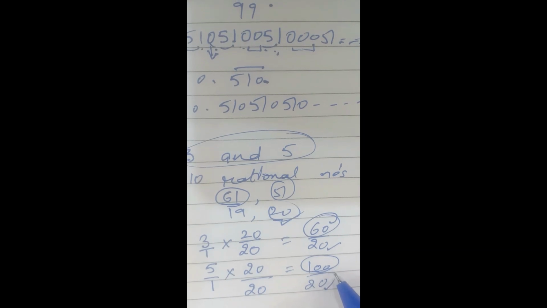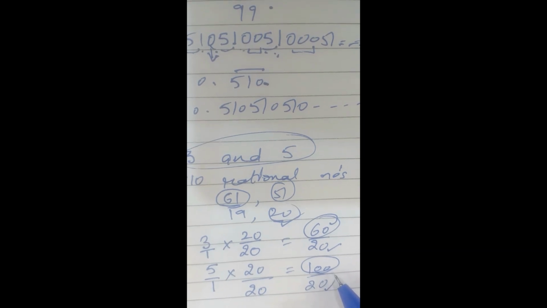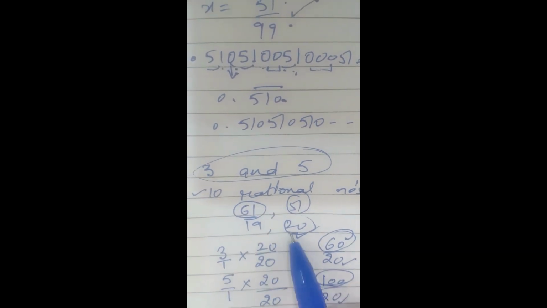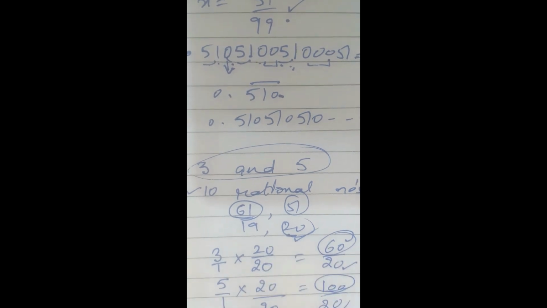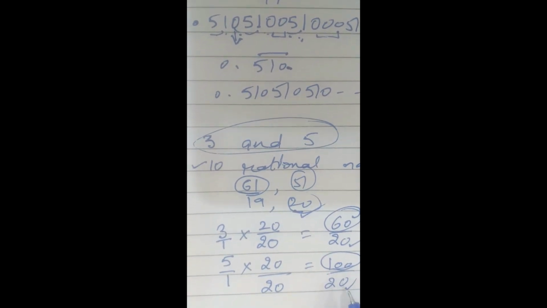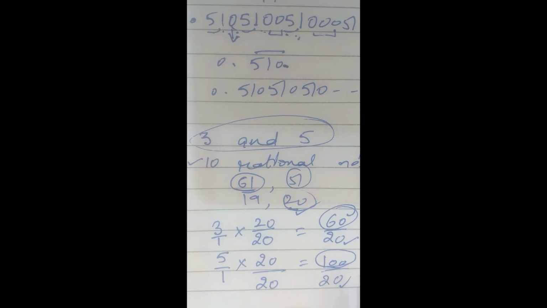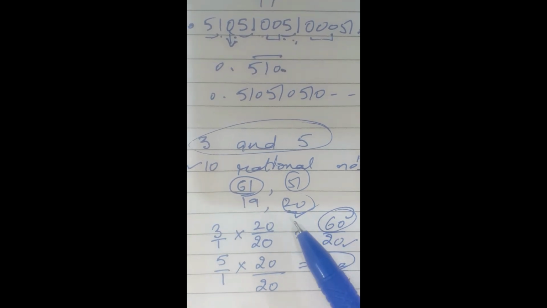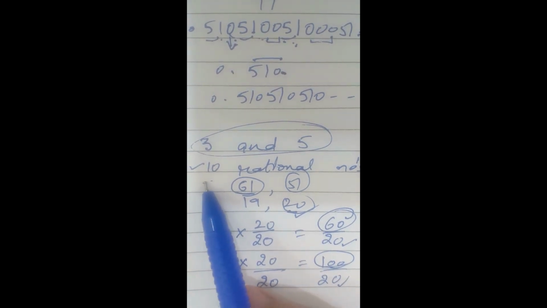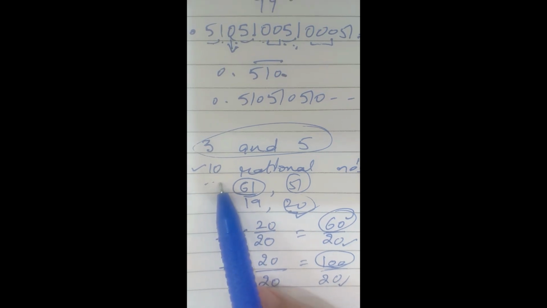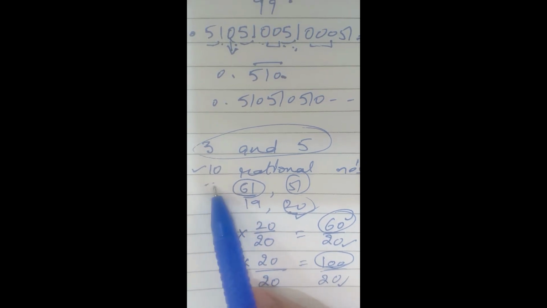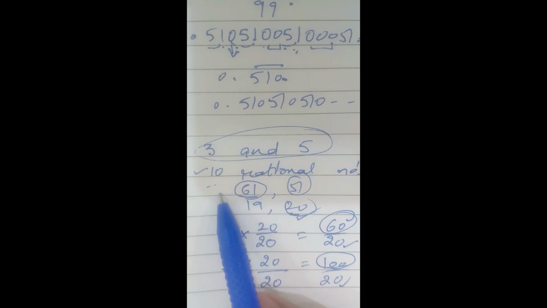The last one will be 99 upon 20. So why I chose the larger number, so that it should become more clear to you, right? And I suggested you may choose any number, but whatever number of rational numbers you have to find, choose one more than that. If you have to find 10 rational numbers, you may choose number 11, right?